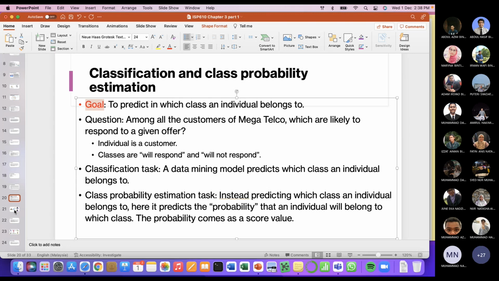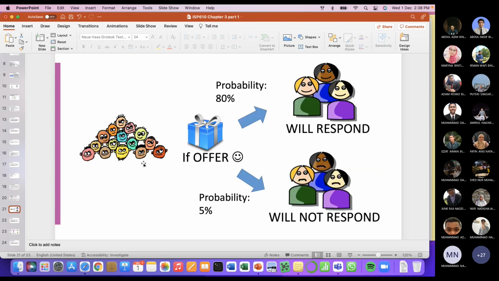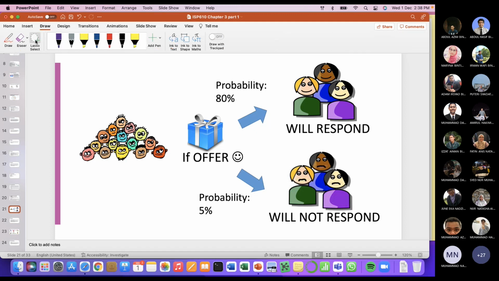Okay, contoh dia macam ni lah. Okay, you have a set, you have customers. Okay, if you have an offer, so how many percent for this customer, contoh lah for this customer. Kenapa dia tak nak keluar? Okay, for this customer, berapa dia punya score?